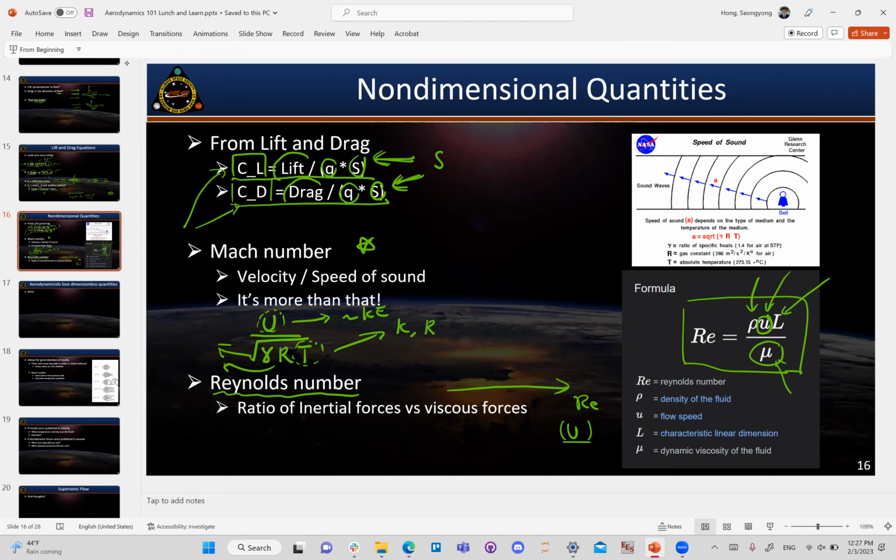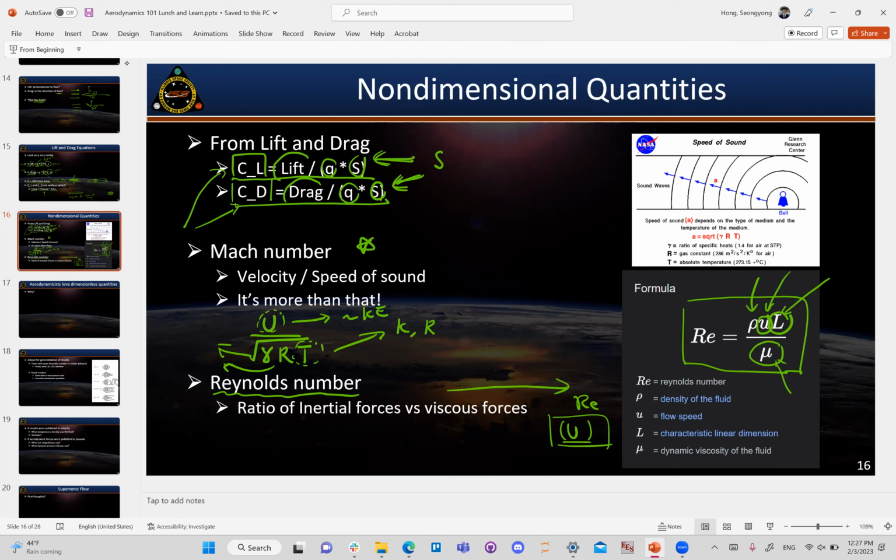Yeah, I guess you could think of it as an analog to that. It's not a perfect analogy, but higher Reynolds number means higher speed flow. It also kind of means that your flow is moving past a larger object.